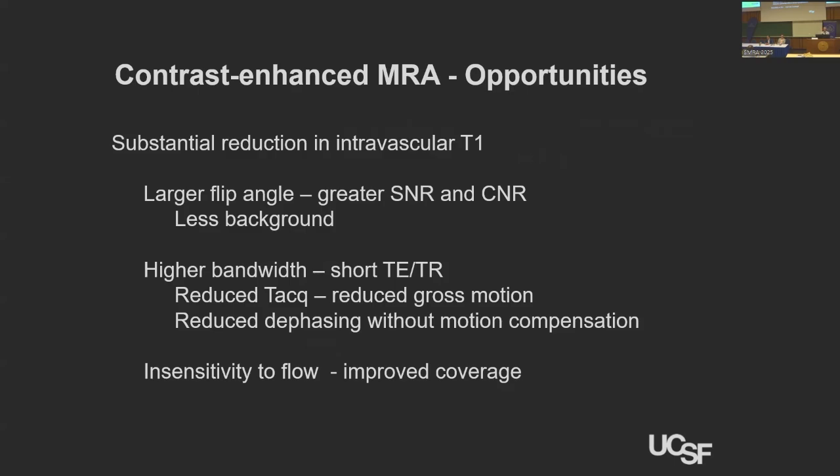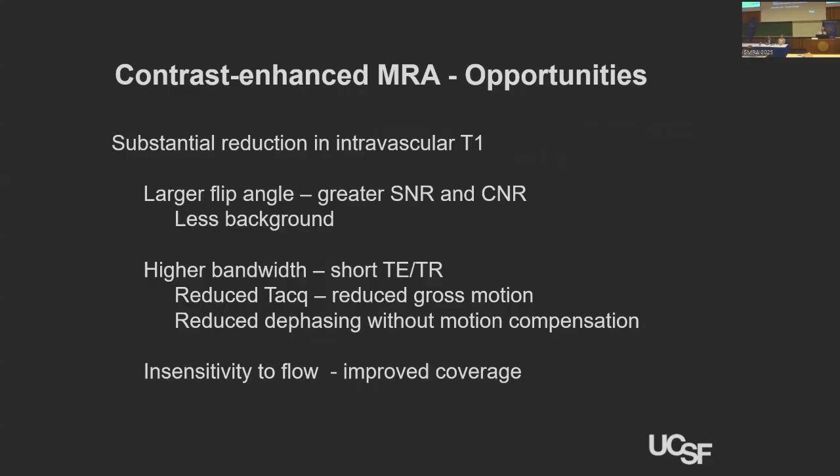And so we have a much reduced sensitivity to gross motion when we're using contrast-enhanced techniques. And as mentioned before, whereas non-contrast techniques require motion compensation gradients, with the very short echo times that we use with contrast-enhanced MRA, we have reduced dephasing and we can dispense with those more complicated gradient waveforms.